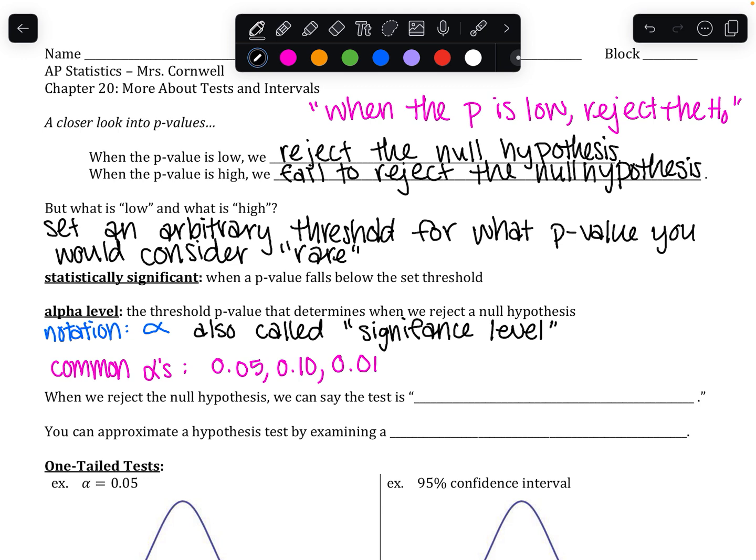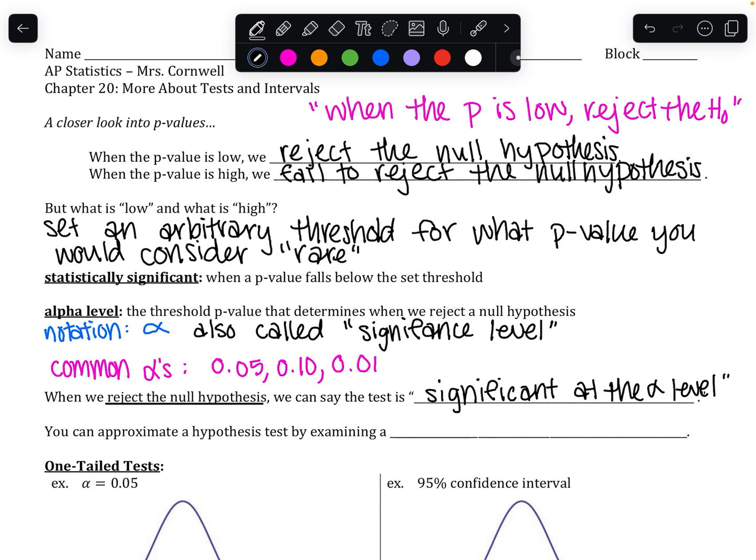When we reject the null hypothesis, we can say that the test is significant at whatever that alpha level is. So if I reject the null hypothesis and my alpha is 0.05, I can say that the test is significant at the 5% level.